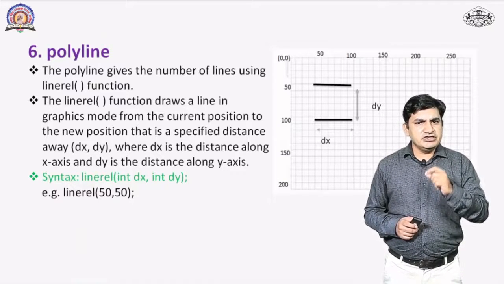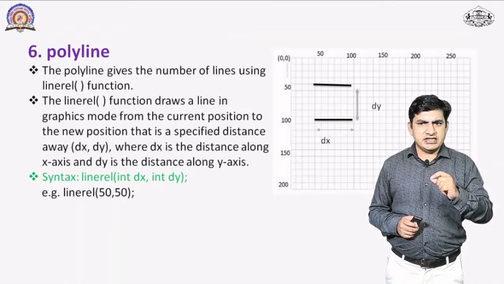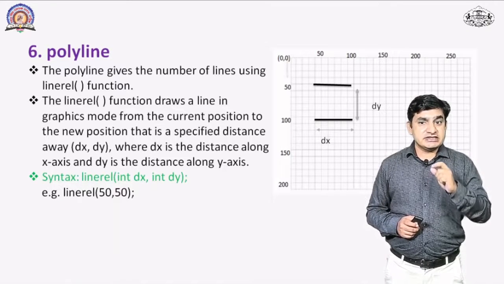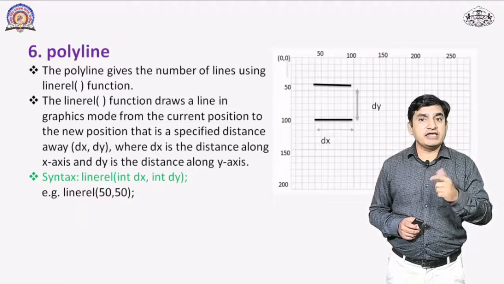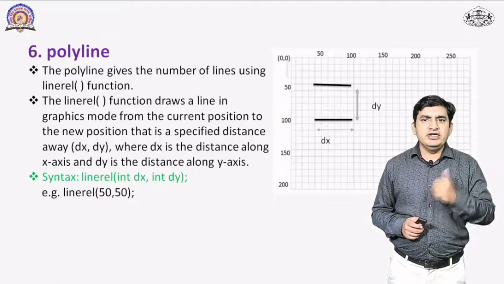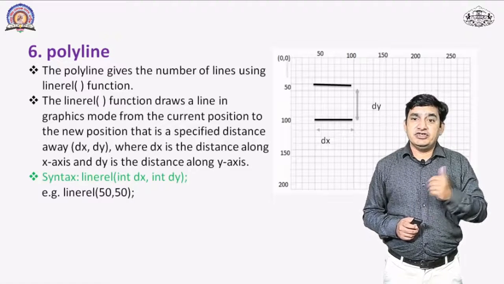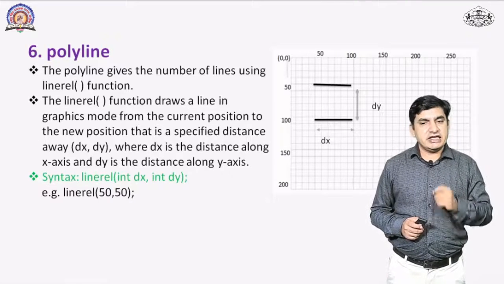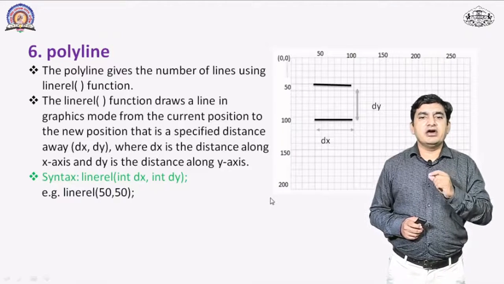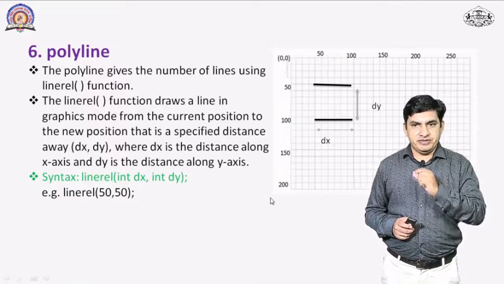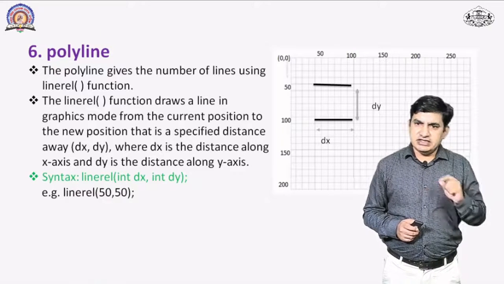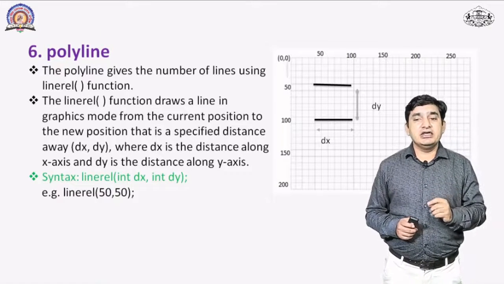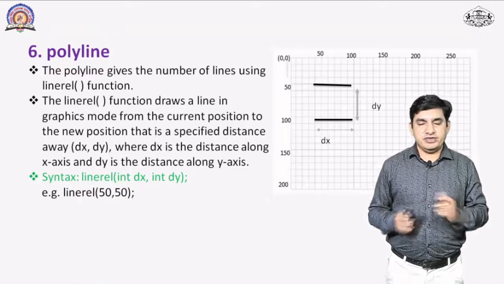Example is linerel(50, 50). Here, the integer dx represents the spacing between two lines along the x axis and dy is the distance along the y axis. Example is linerel(50, 50). It indicates that dx is 50 and dy is also 50.